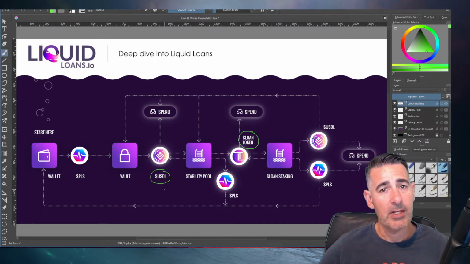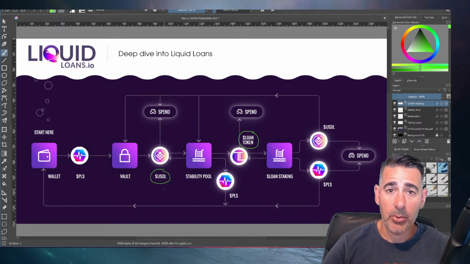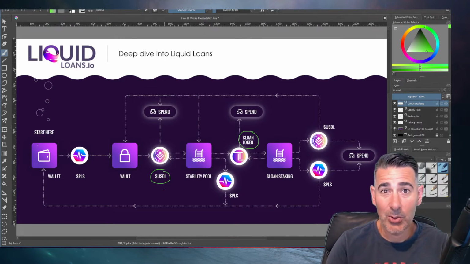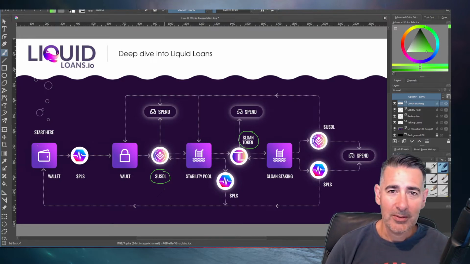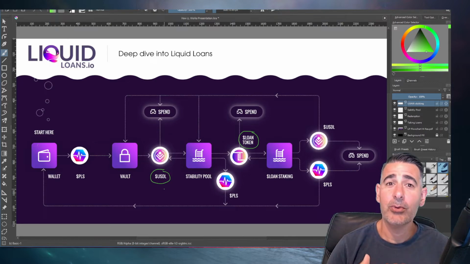So USDL we said is a stablecoin, and it's a decentralized stablecoin. So the protocol, i.e. you, when you interact with the protocol, actually issue this stablecoin. This is important because it means there's no central company that is issuing these stablecoins. Therefore, there's no counterparty risk.